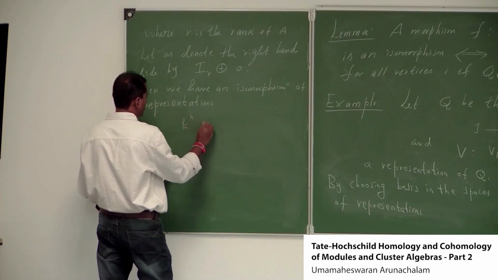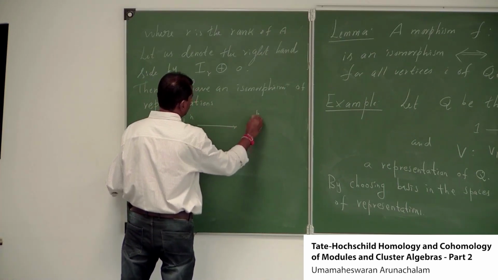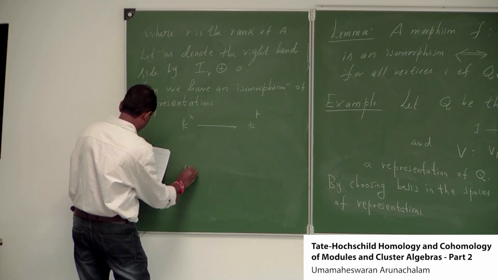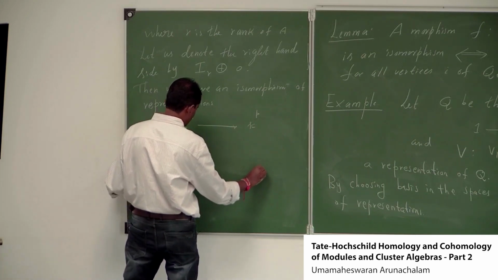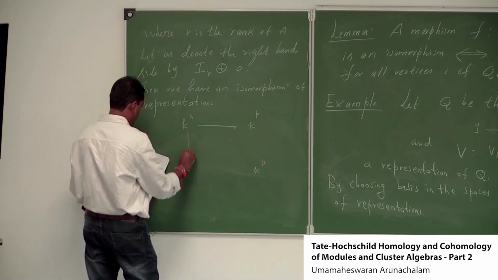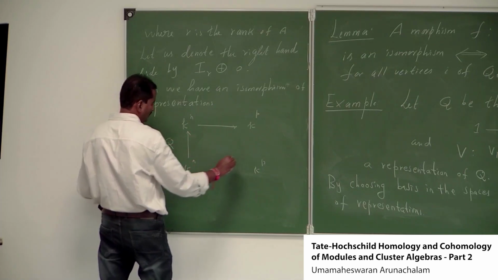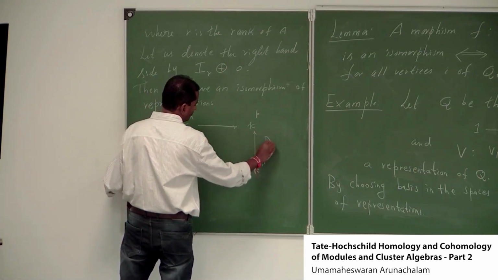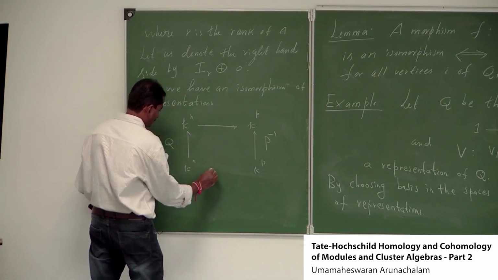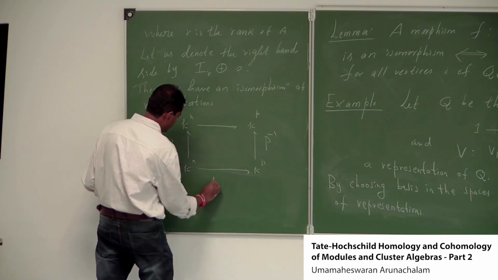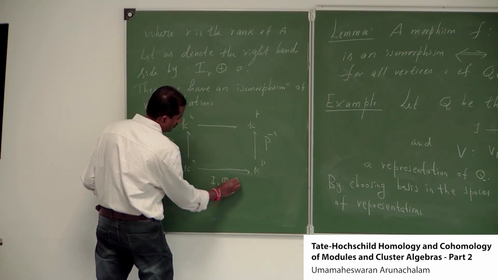Here k power n into k power p, here k power n again k power p. This is Q, here it is P inverse. This map is actually the direct sum of I_r and 0.